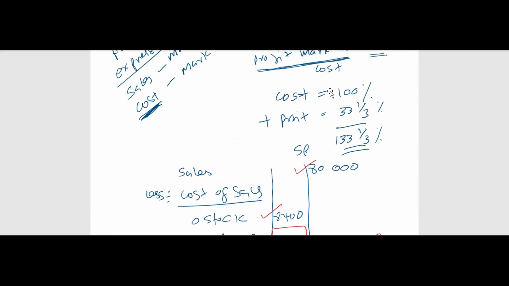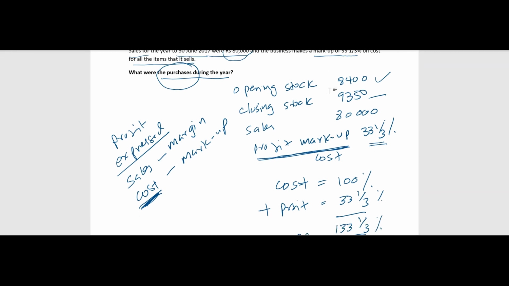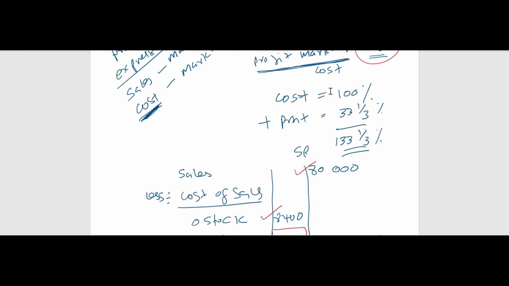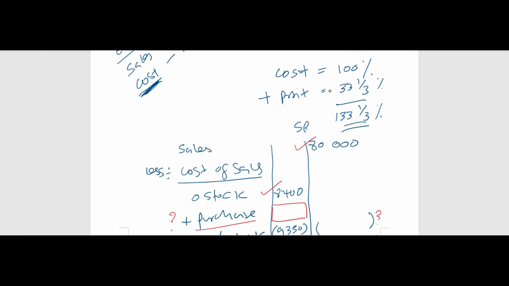How do you calculate the gross profit? You are given that the profit is based on the markup, so the profit has to be added to the cost. You assume the cost as 100 and add the profit markup, and you will identify the selling price percentage.